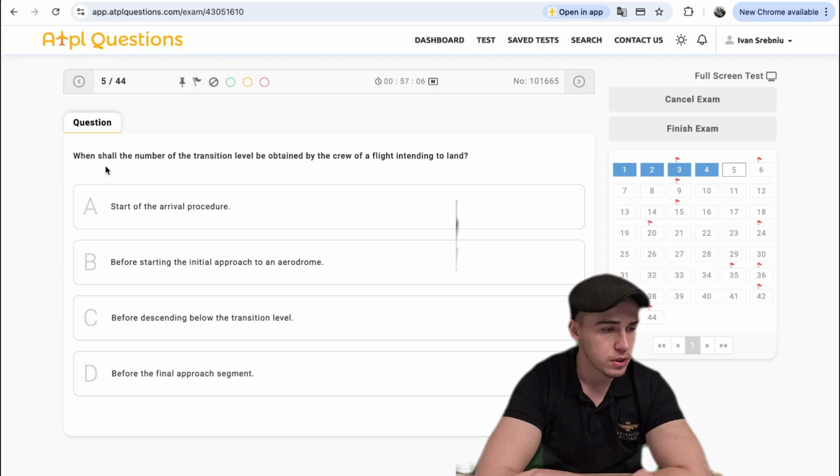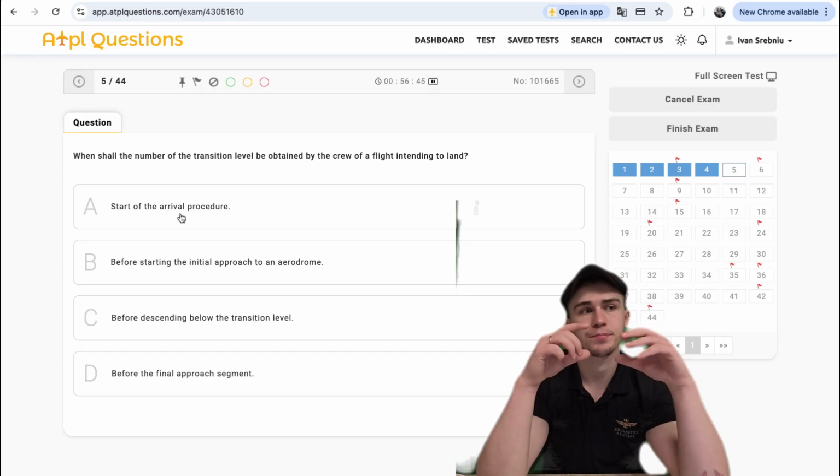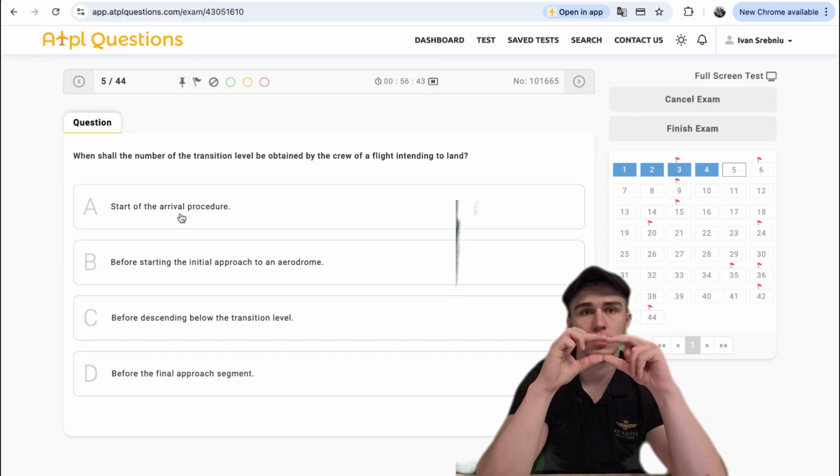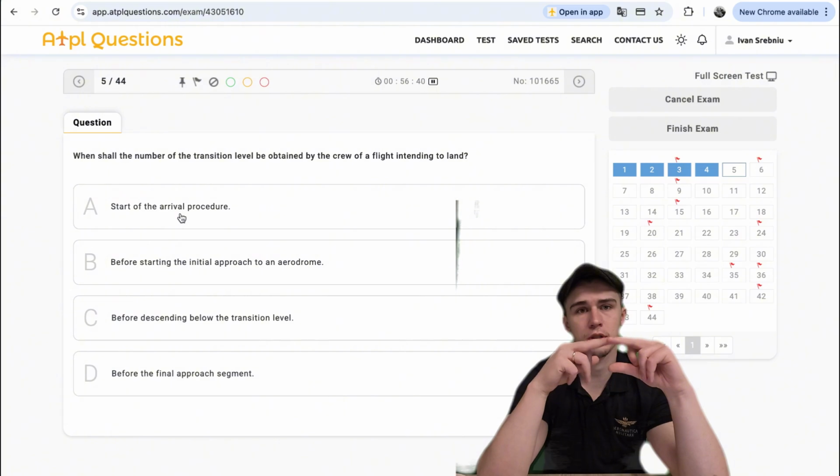When shall the number of the transition level be obtained by the crew of a flight intending to land? It's correct too, because we have transition level, transition altitude, transition layer. What does it mean?